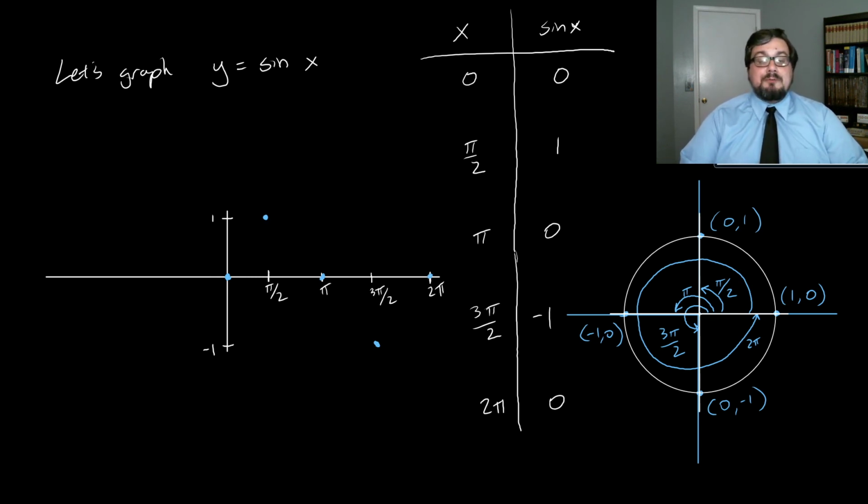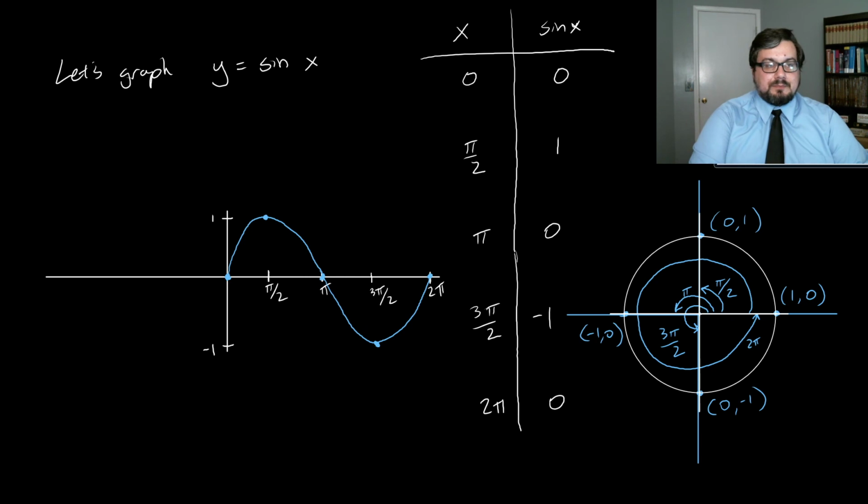So here are a few points on the graph of sine, and in fact the curve that contains sine goes through these all very regularly and smoothly. So that's what part of the graph of sine looks like.